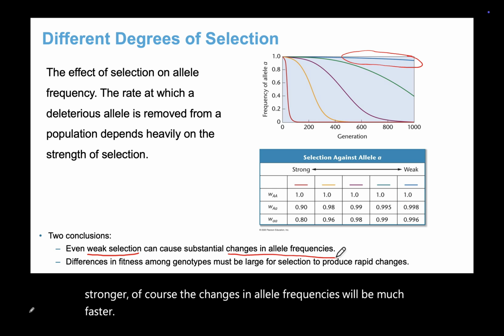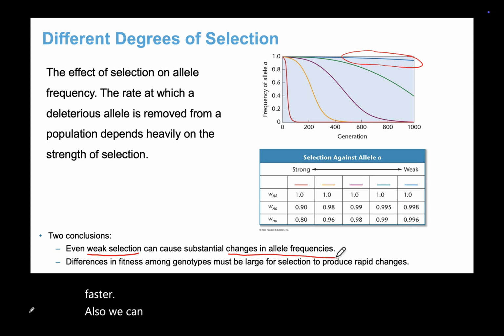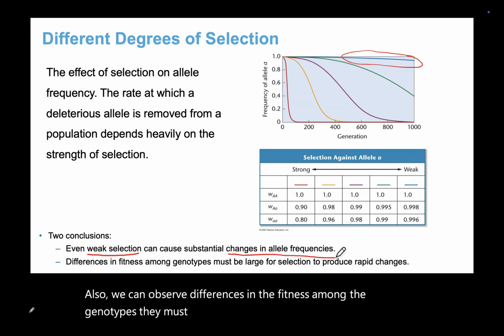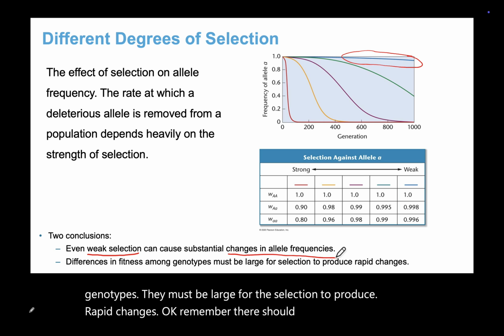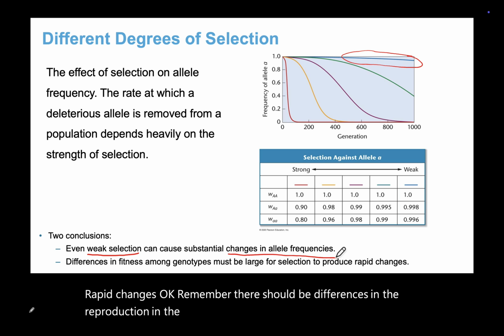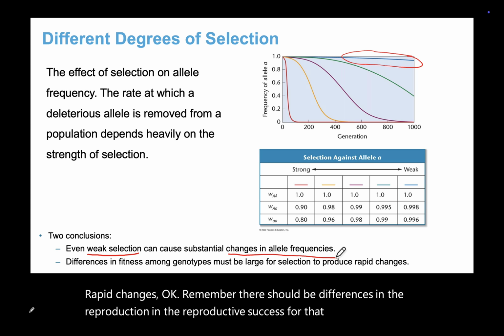Also, we can observe differences in the fitness among the genotypes. They must be large for the selection to produce rapid changes. Okay? Remember, there should be differences in the reproductive success for that genotype to be selected in that environment.